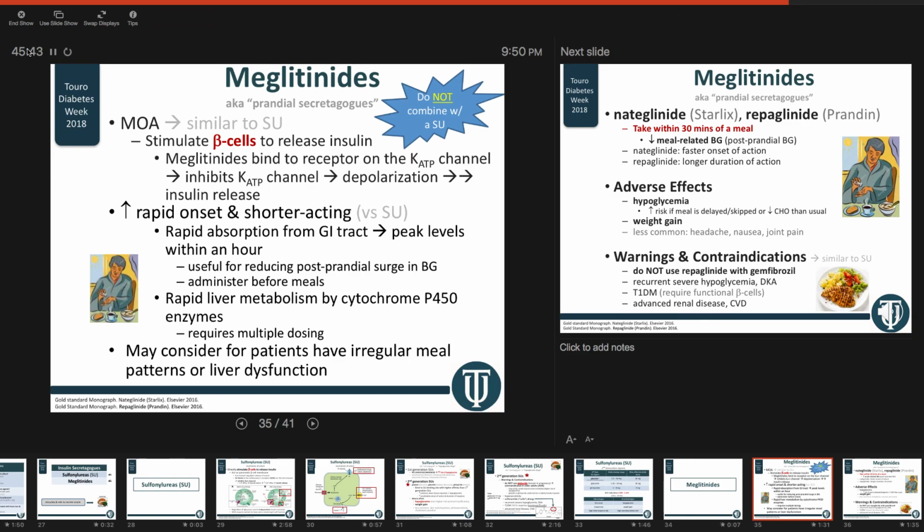they are way faster in onset of action, but the duration of action is actually shorter. So that's the reason why you want to take this medication before meals, and it is used to reduce the postprandial glucose high.